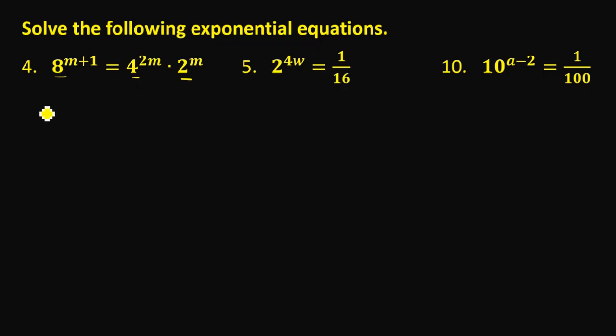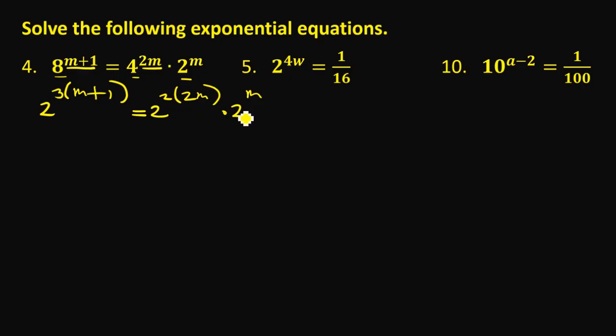So therefore, our base is 2. We have 2 raised to 3, or 2 cubed, which means 8, and then we have the exponent, so we multiply that times m plus 1 equals 4, which can be expressed as 2 squared, then times 2m, times 2 raised to m.